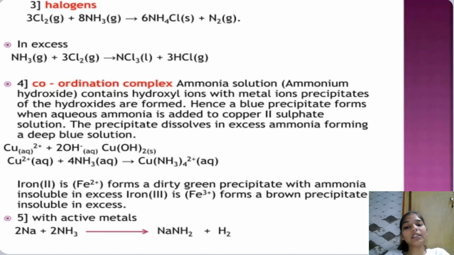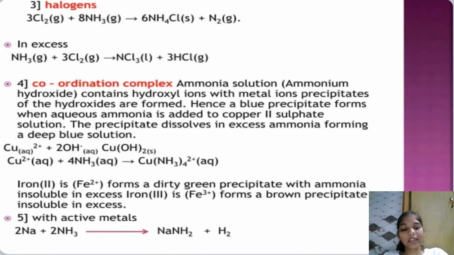The precipitate dissolves in excess ammonia, forming a deep blue solution. Iron is Fe2 positive, which forms a dirty green precipitate with ammonia, which is insoluble in excess. Fe3 positive forms a brown precipitate which is also insoluble.